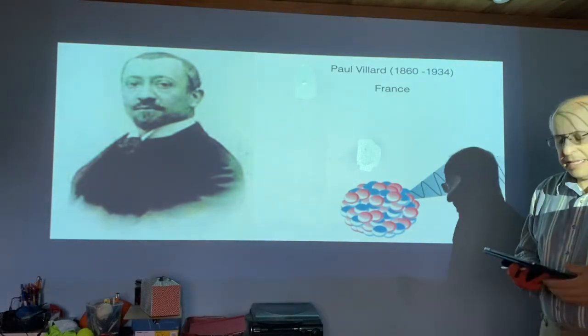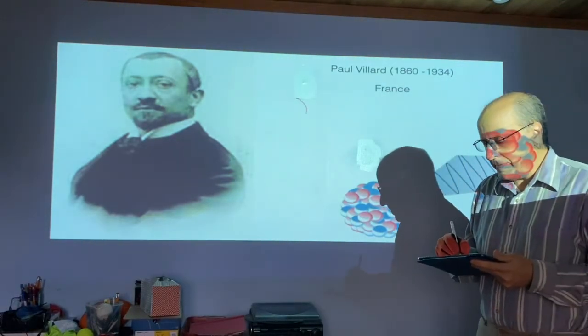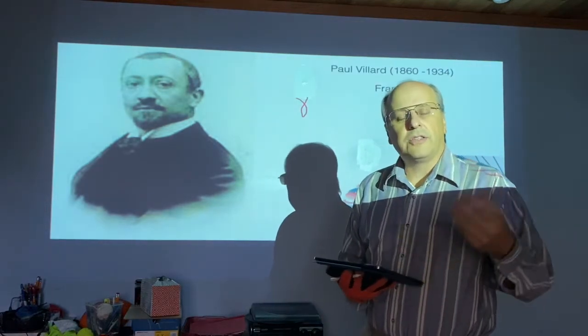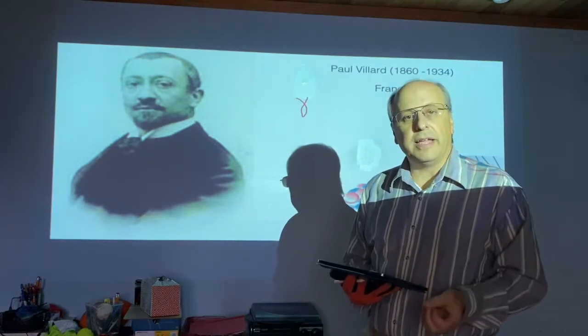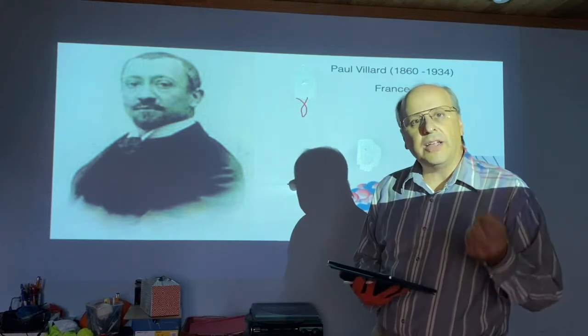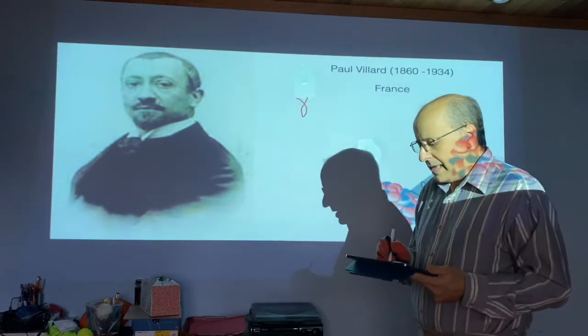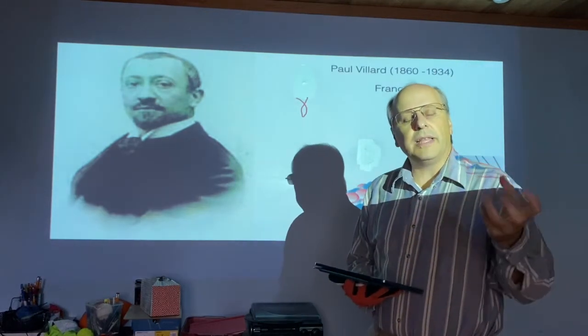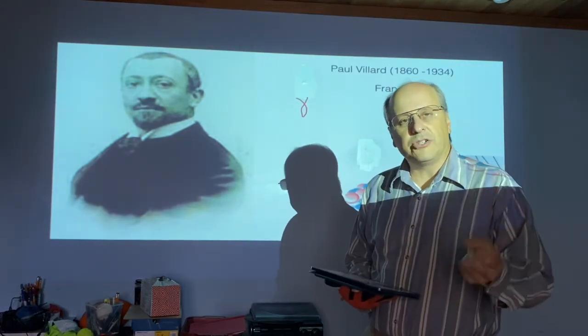The final type of decay is called gamma decay. It turns out that gamma is not a particle at all. It turns out that gamma is just a type of light. High energy, high frequency light. The gamma comes off when you have a nucleus that has excess energy.